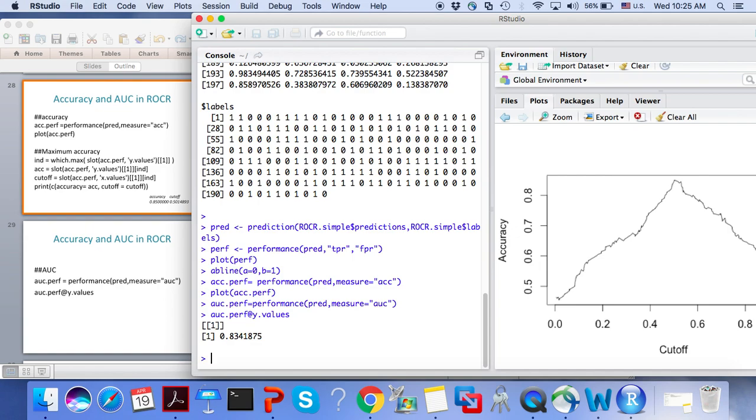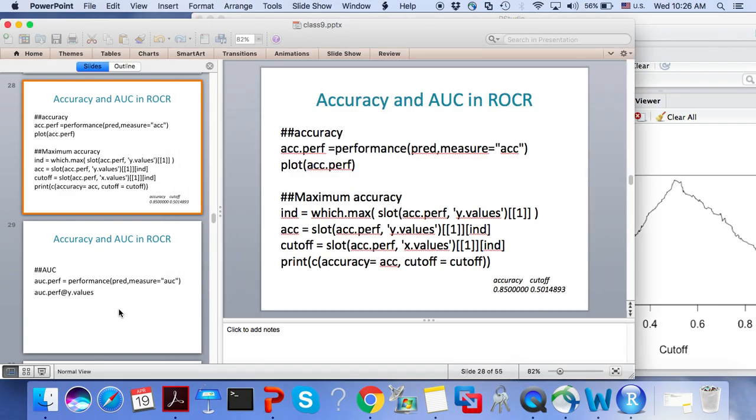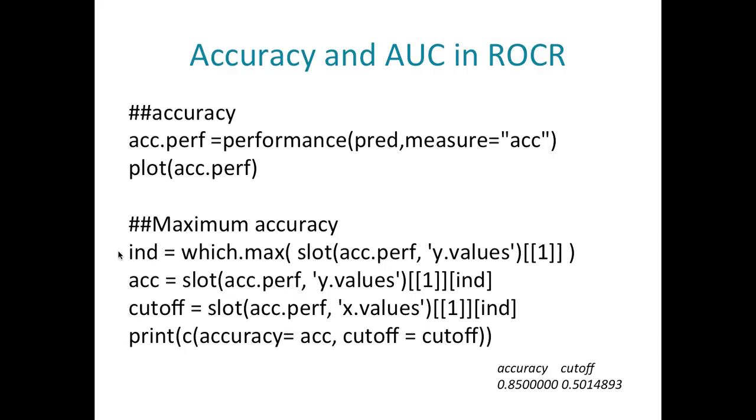What you can do with this number is compare across various binary classifiers and see how the area under the curve changes. So you could use the accuracy, you could use true positives and false negatives, you could use the area under the curve, right? These are different performance measures that you can use in a binary classifying setting to report how well your classifier is doing or to compare across classifiers.